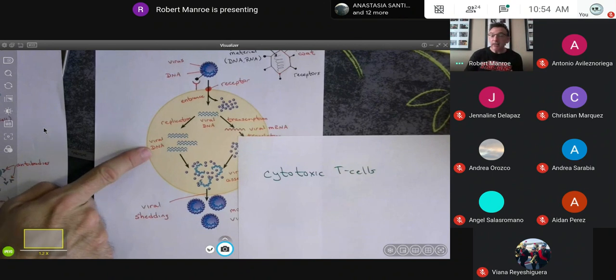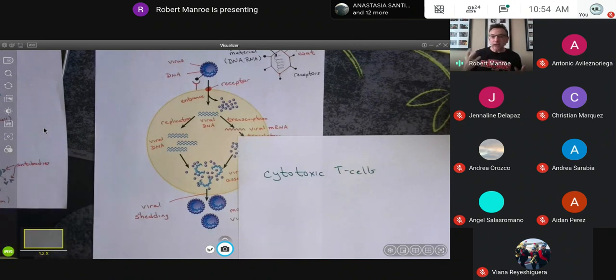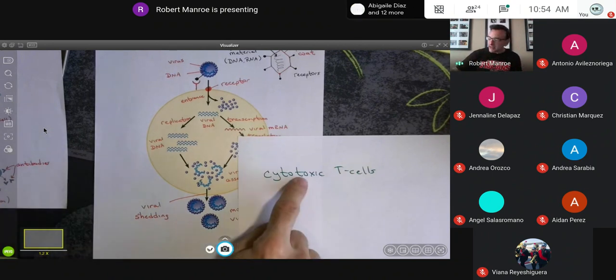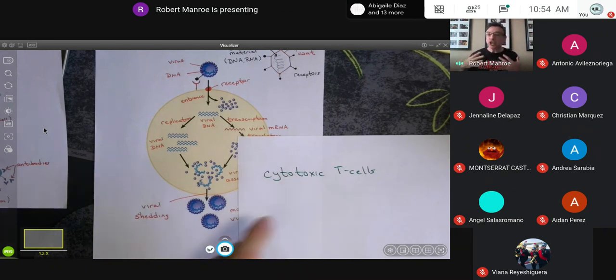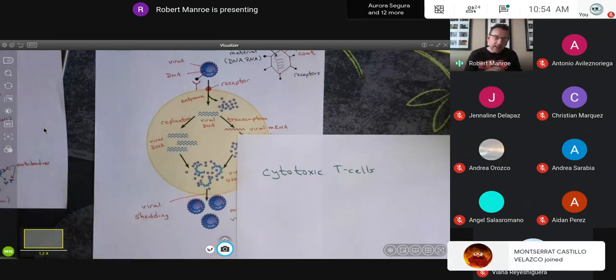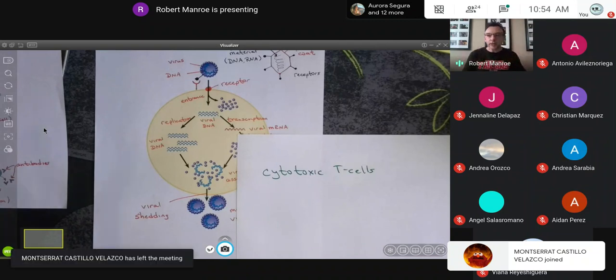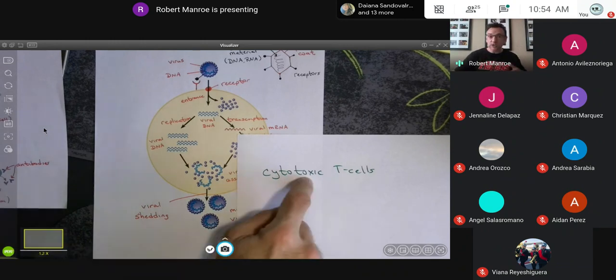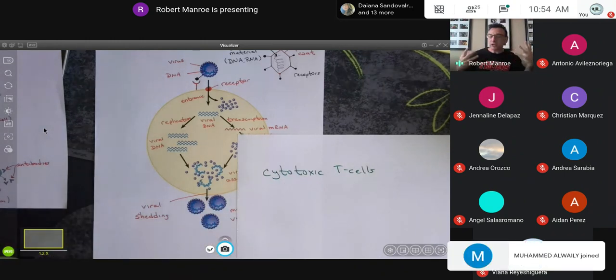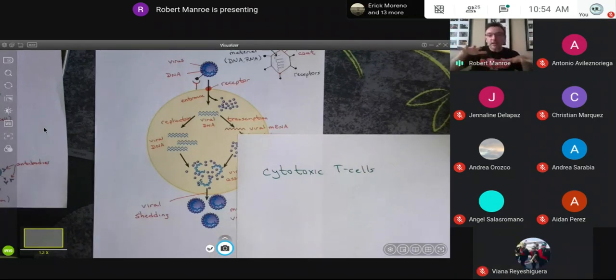Lupus is when your own cytotoxic T cells, rather than killing infected cells, kill healthy cells. And depending on which healthy cells these cytotoxic T cells kill, changes your symptoms. Okay, these cells might attack your skin, and so your expression of your lupus is maybe just a really bad skin rash. If these cells turn against your nervous system, they can destroy your brain and kill you very quickly.